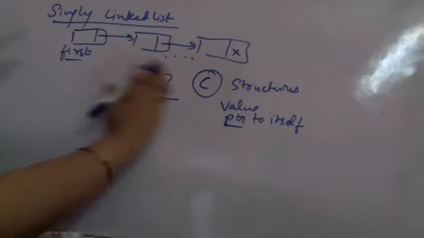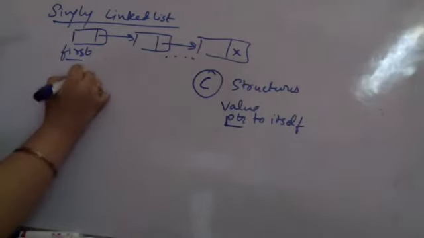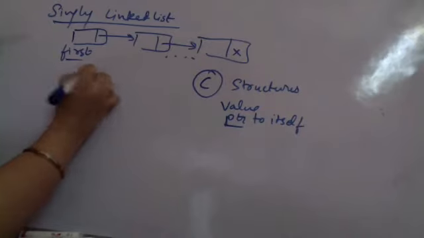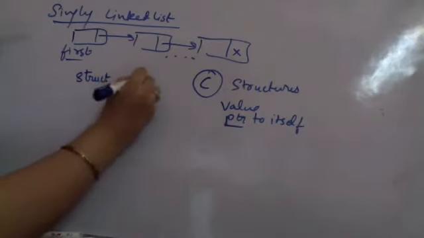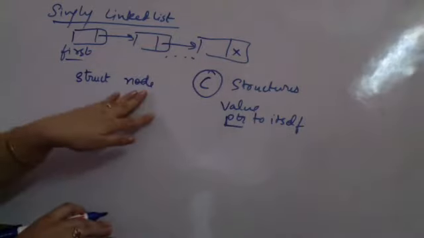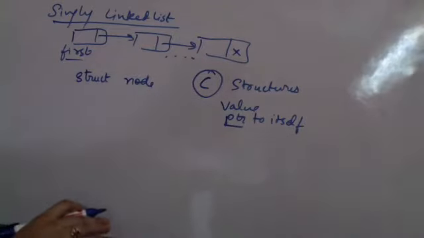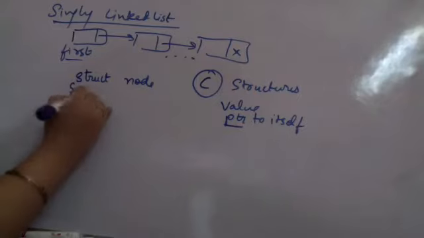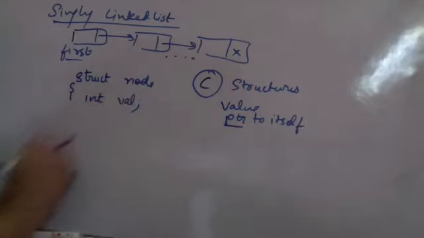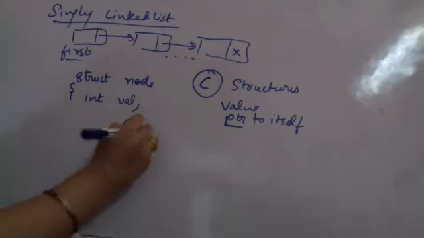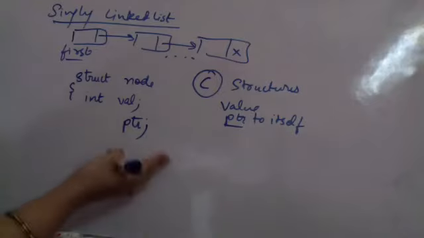So what I do is I use struct as the keyword. I give it a name. Supposedly I am giving it a name as node. Any valid variable name can be given here. Supposedly my data is of type integer, so I am taking an integer value. And I need a pointer. Now the pointer is pointing to what? It is pointing to another node.